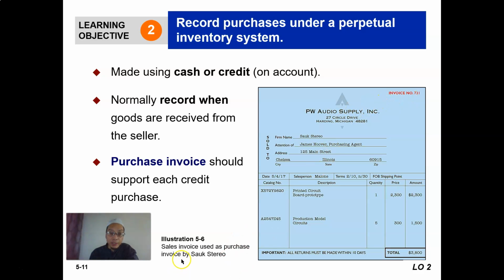For example, here it says sales invoice used as purchase invoice by Sook Stereo. Sook Stereo is the customer, they purchased the items, and PW Audio Supply is the supplier. They supply the items and issue an invoice, and that invoice will be used by Sook Stereo as a purchase invoice to support the recording of the purchase transaction.